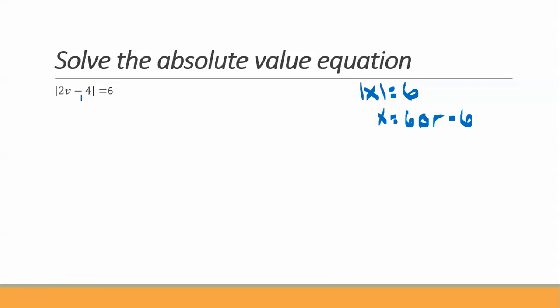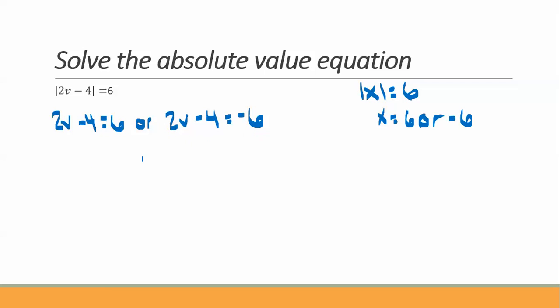We do the same thing here, but this time what's in the absolute value is 2v minus 4, so 2v minus 4 is equal to 6, or 2v minus 4 is equal to negative 6. You don't want to take plus or minus of your final answer. You want to take what's in the absolute value equal to 6 or equal to negative 6.